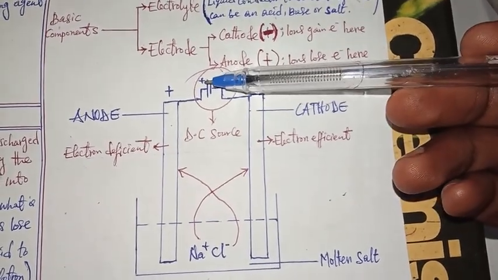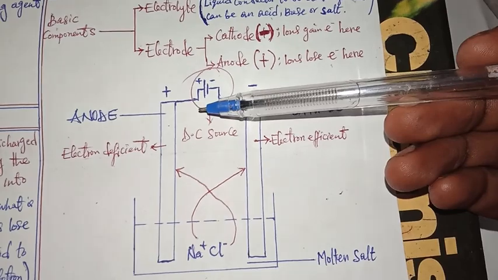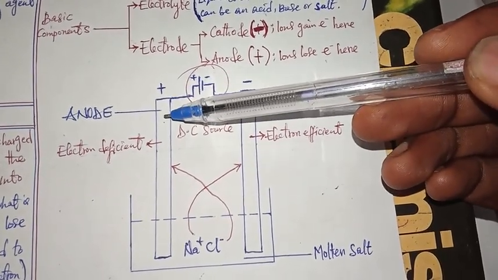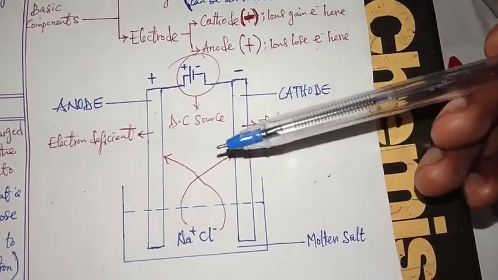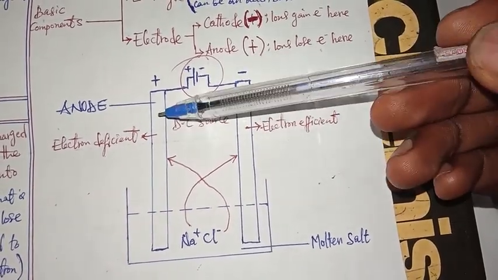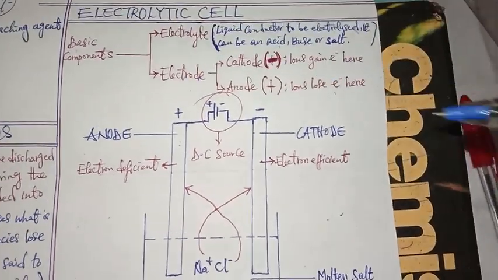Now note that current flows from positive to what? Negative. Hence, during electrolysis, current enters the electrolyte through the anode and current leaves the electrolyte through the cathode. The two of them form the electrodes.